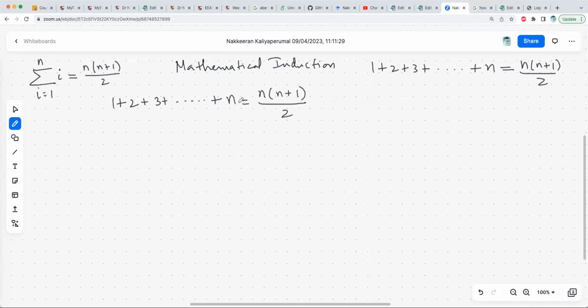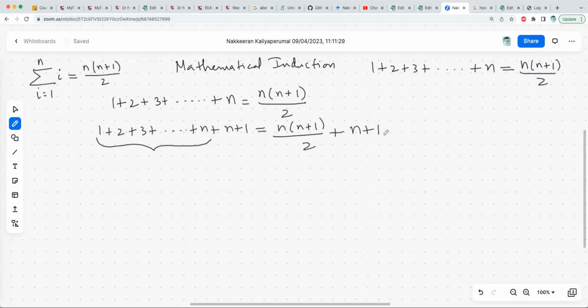So if you add with this, 1 plus 2 plus 3 going up to n plus 1, we know that this is already n into n plus 1 over 2, and plus n plus 1. That is the extra one we are adding. So we added an extra piece on both sides.